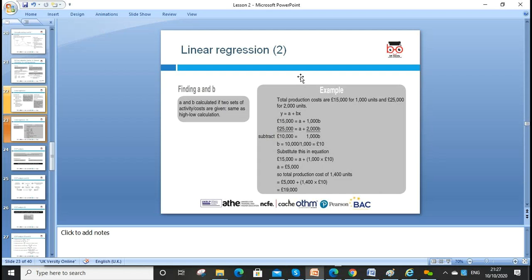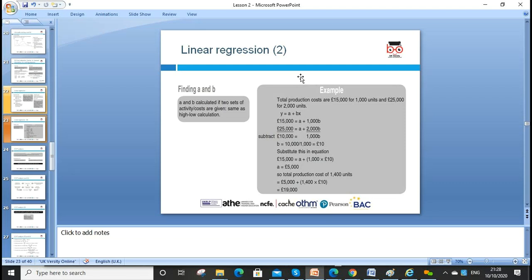Total production cost, we have been given for this period for 1000 units and 2000 units. So Y is A plus BX, so for 1000 units, Y is 59,000, and of course A we need to find, and the 1000 is B. So what you do, 25,000 for 2000 units.